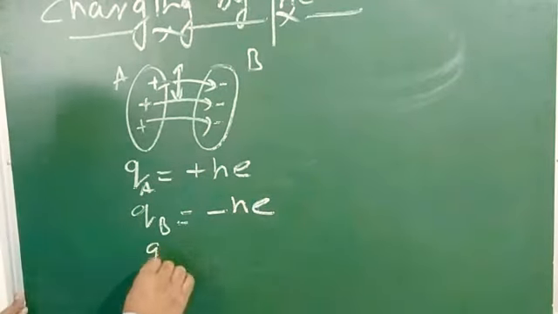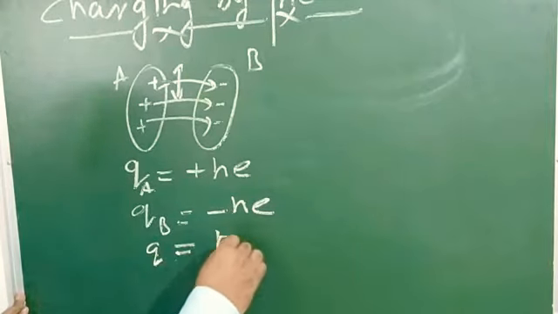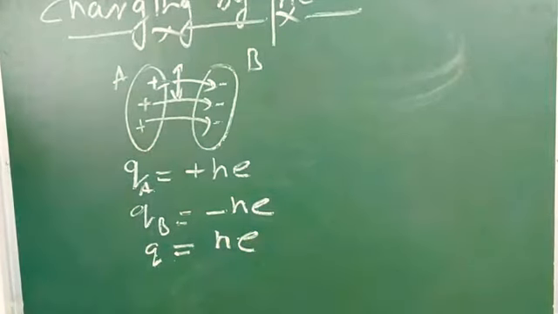In general, on rubbing, if n electrons are transferred, then Q = ne will be the amount of charge on both bodies. The charge will be equal and opposite on both bodies.